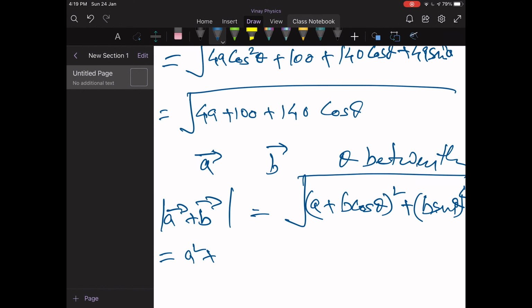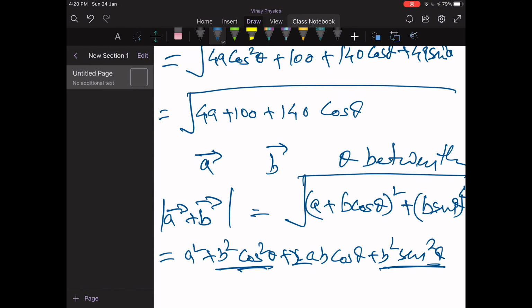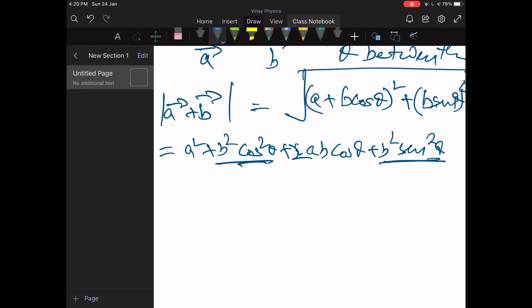Which will become A square plus B square cos square theta plus 2 AB cos theta plus B square sin square theta. Now, B square sin square theta and B square cos square theta will become B square.